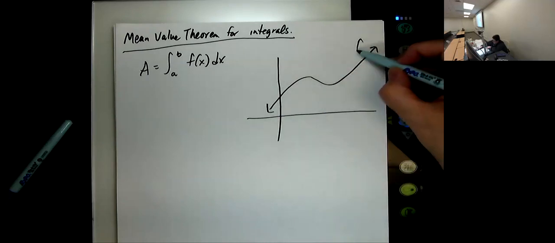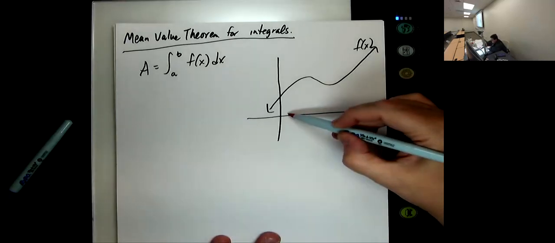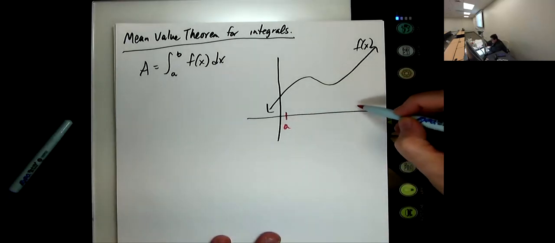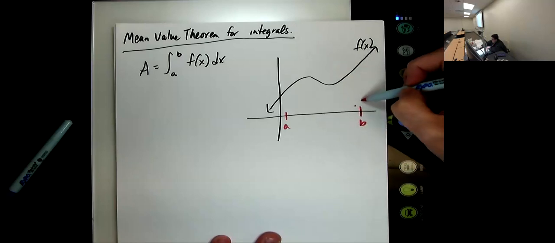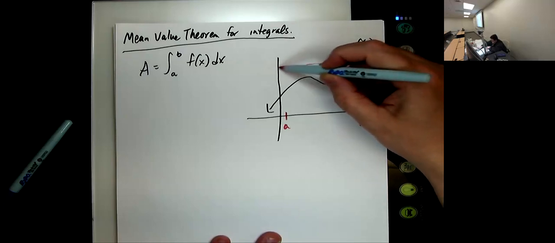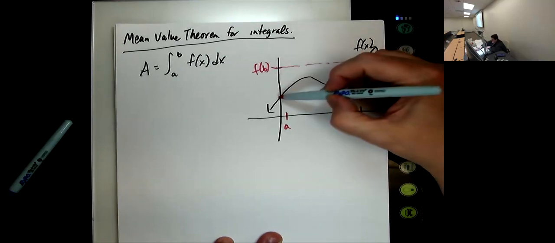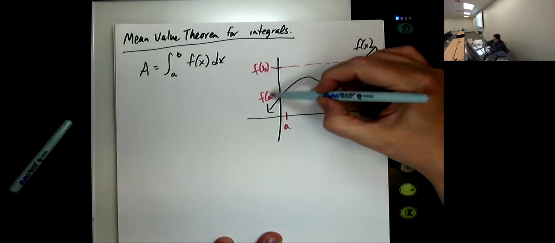That's our f of x. Here's a and here's b. So that's f of b, and that's f of a.